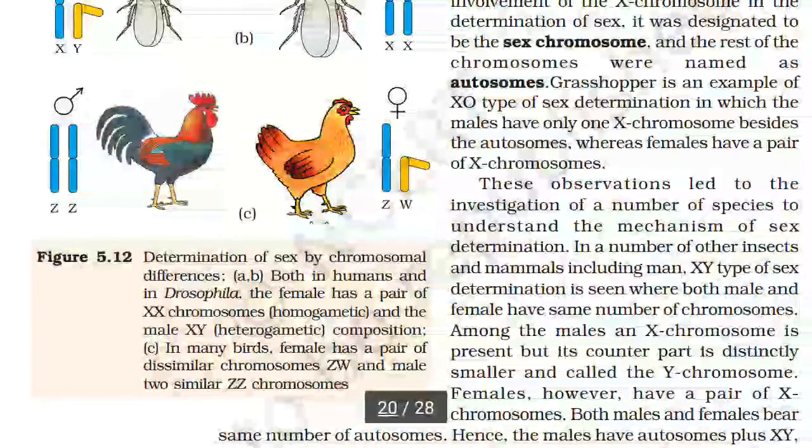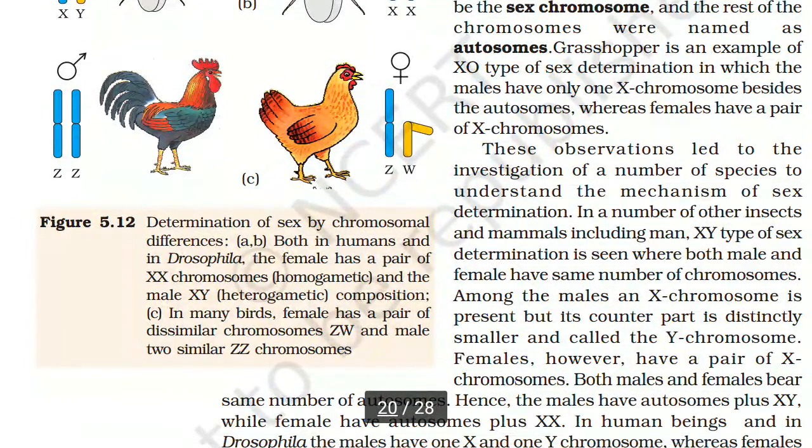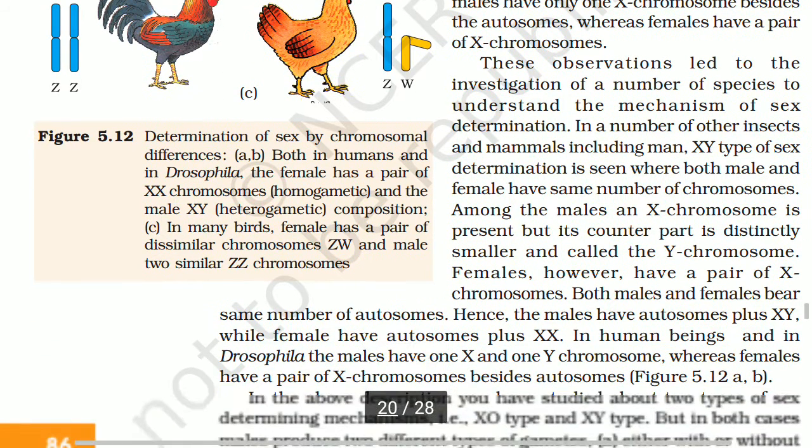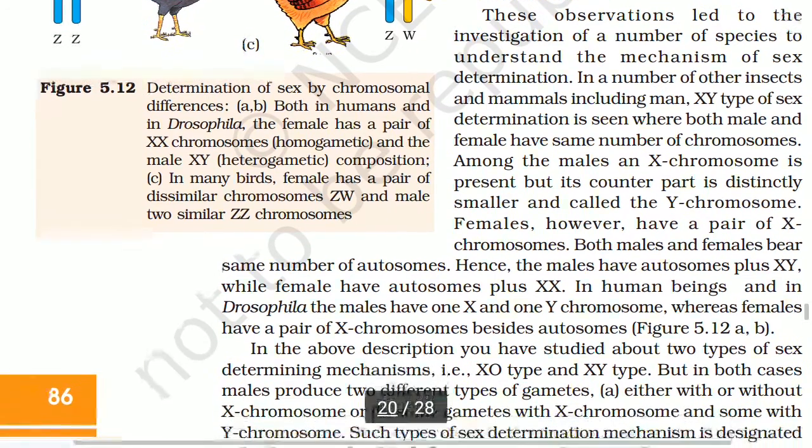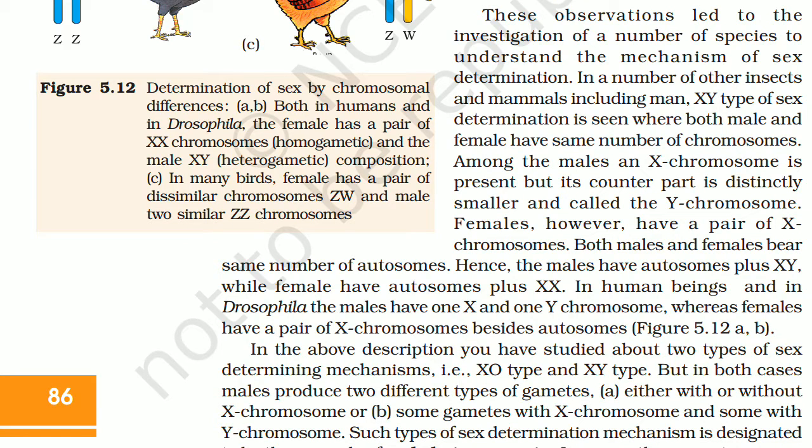These observations led to the investigation of a number of species to understand the mechanism of sex determination. In a number of other species and mammals, including man, XY type of sex determination is seen, where both males and females have similar number of chromosomes, that is same number of chromosomes.